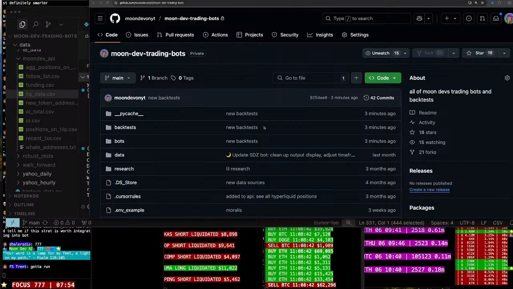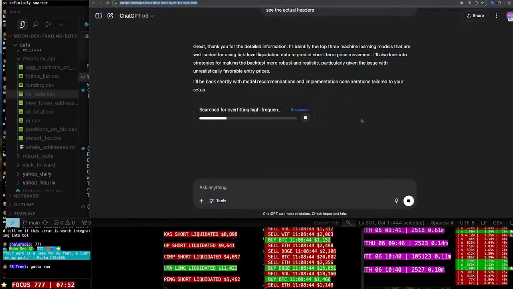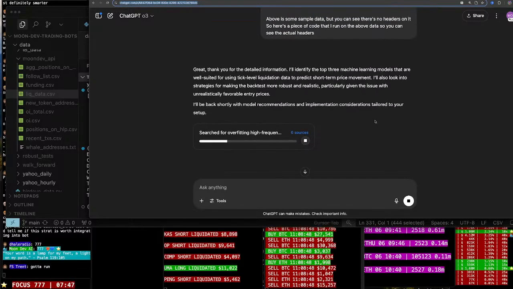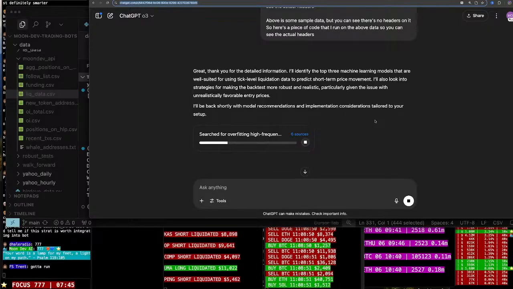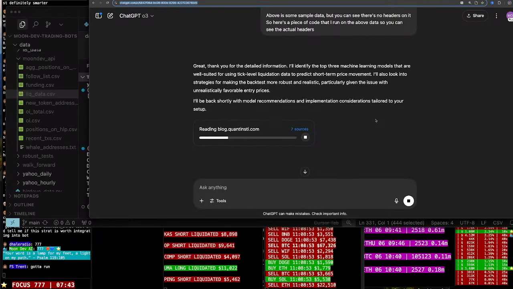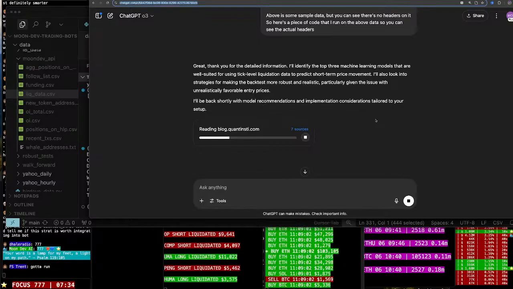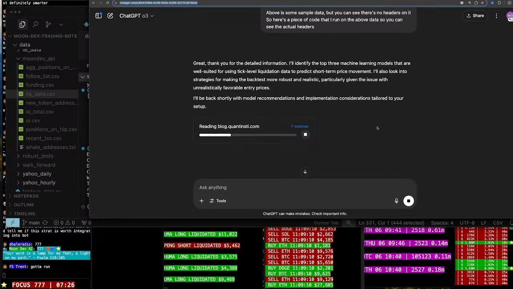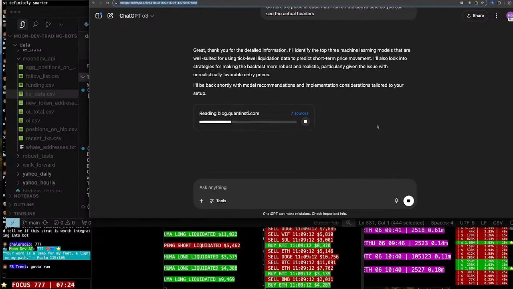Beautiful. So now let's go see what ChatGPT had to say about this. She's still working on it. Great. Thank you for your detailed information. I'll identify the top 3 machine learning models that are well suited for using tick level liquidation data to predict short-term price movement. I'll also look into strategies for making the backtest more robust and realistic, particularly given the issue with unrealistically favorable entry prices.